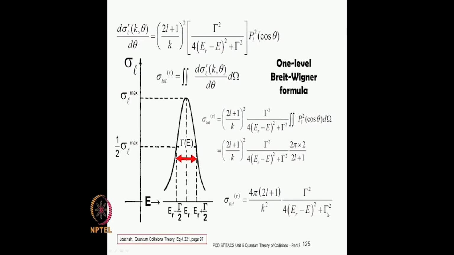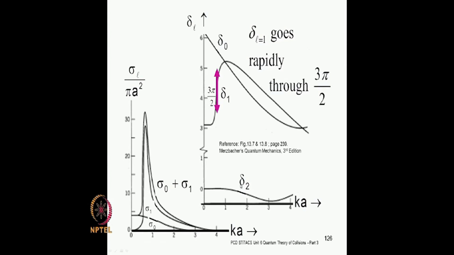So that is often the form in which you will meet the Breit-Wigner formula. In this expression we have considered only the pure resonance part, or the resonant part alone, and this formula is what is known as the Breit-Wigner one-level formula.